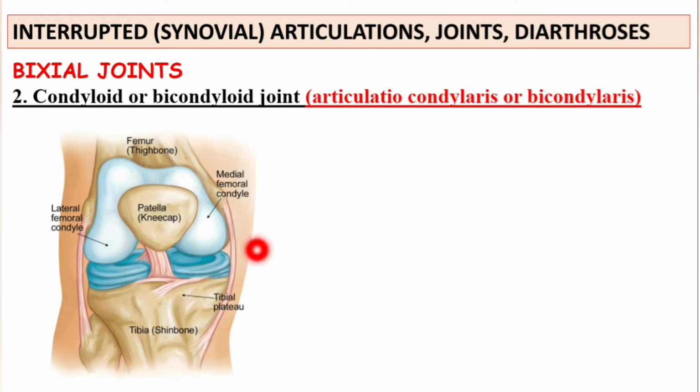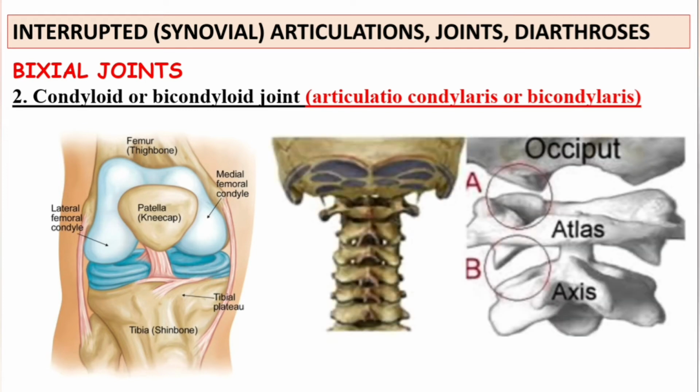In this case, it's in one capsule. Another one is the atlanto-occipital joint, with two separate capsules, left and right. So this is the atlanto-occipital joint.